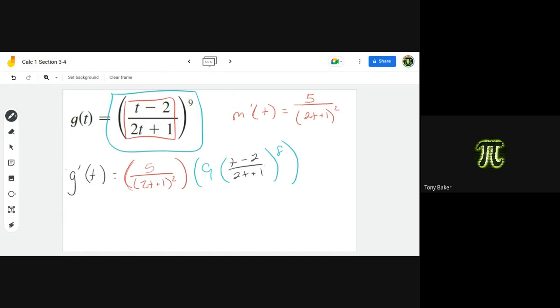Put that original piece there. So I can clean this up a little bit, and that would be the final answer.